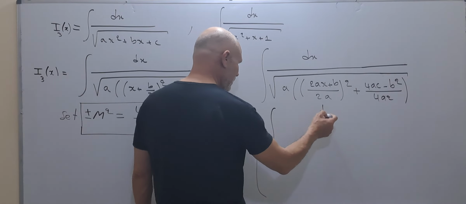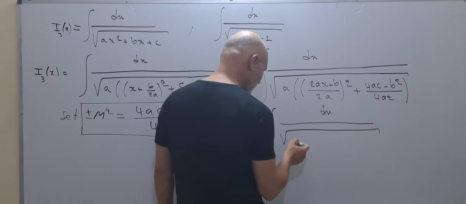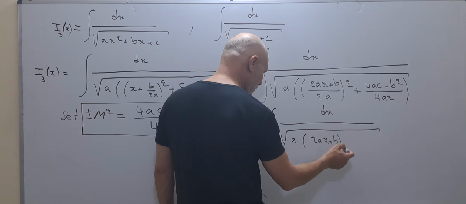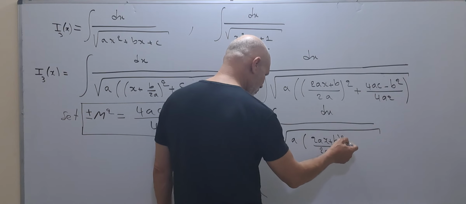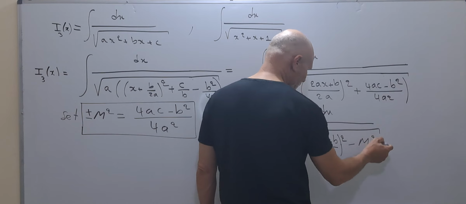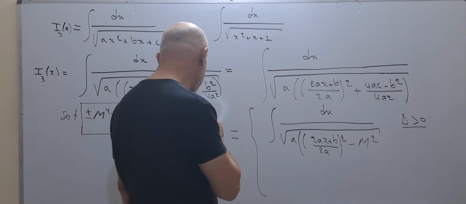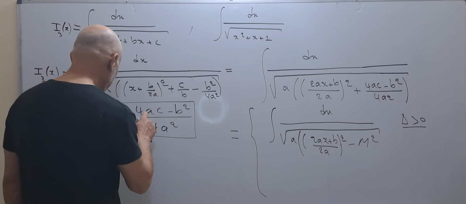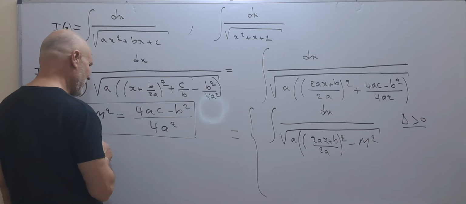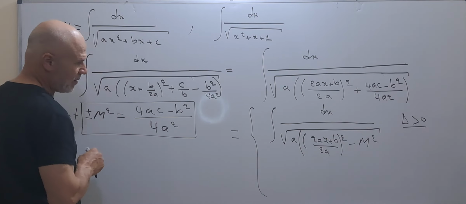The integral dx over the square root of a times the brace, x plus b over 2a squared, minus m squared. This case is delta greater than 0. If delta is greater than 0, this means b squared minus 4ac is greater than 0, here we get minus m squared.